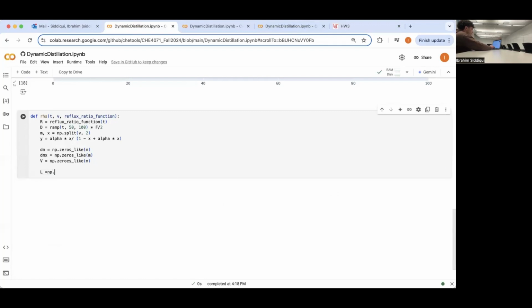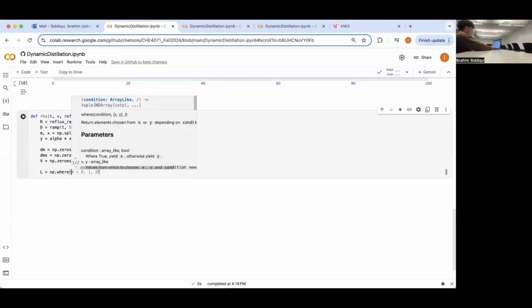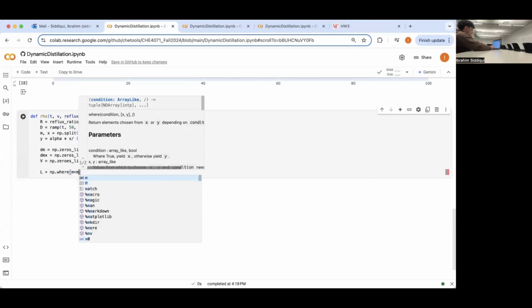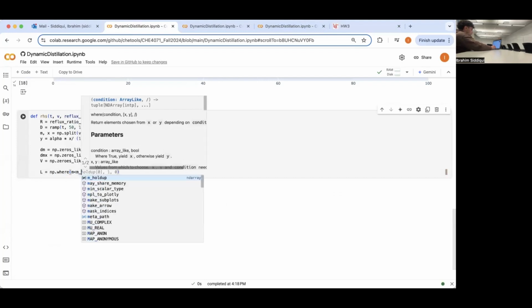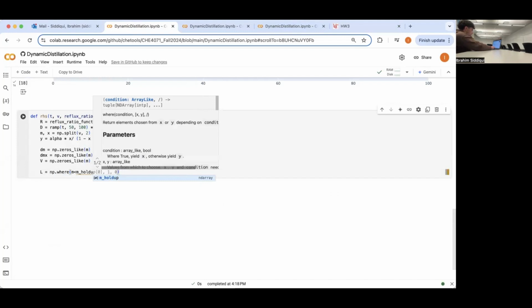So we're going to use our np.where function, np.where, and then this will be from m less than our m underscore hold up. Yep. And then this will be from 0.